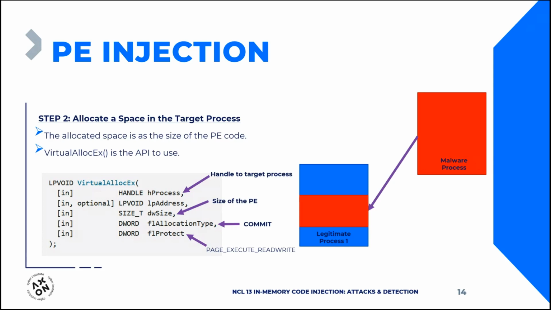I want to point out that we're going to see VirtualAlloc in every code injection technique, and almost every process analyzer tool considers VirtualAlloc a dangerous API.